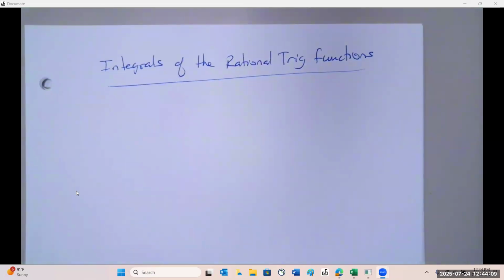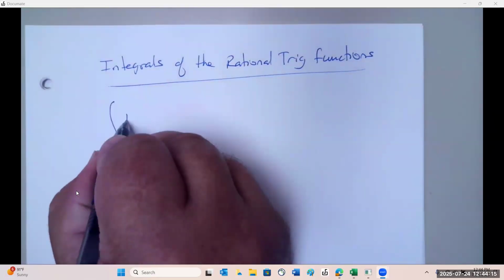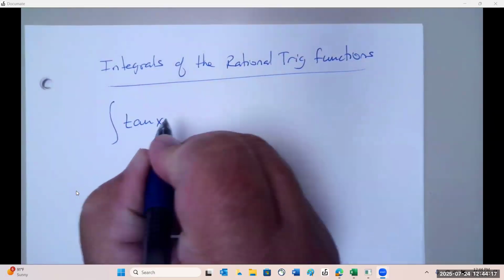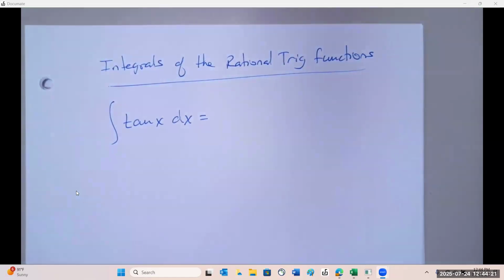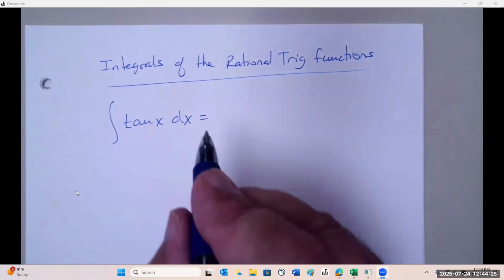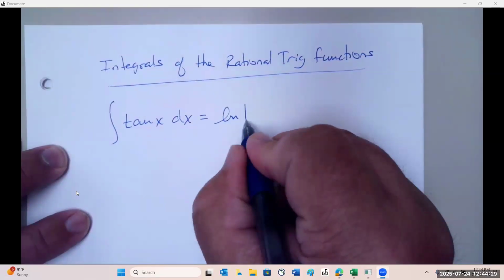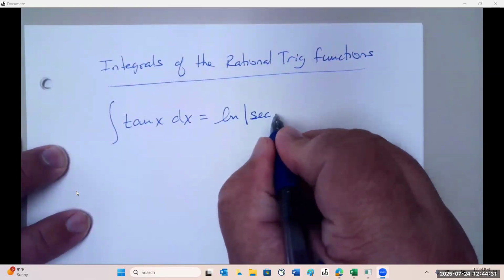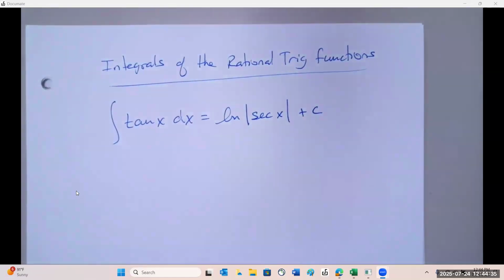I'm going to give you these; I call these the rational trig functions. The integral of tangent, I call that irrational because it's sine over cosine. And we saw this one earlier as ln absolute value of secant x, plus c.